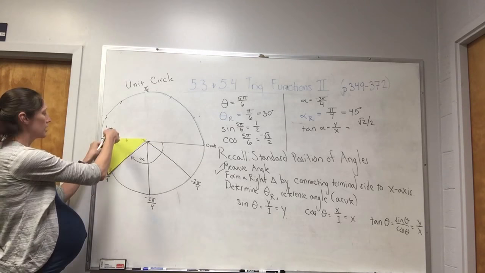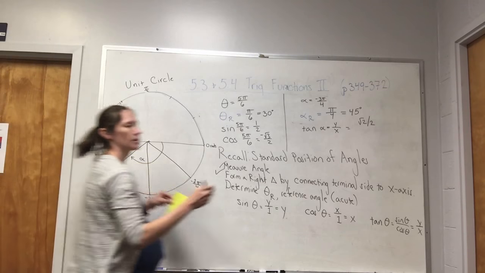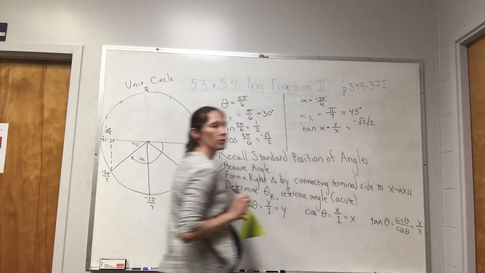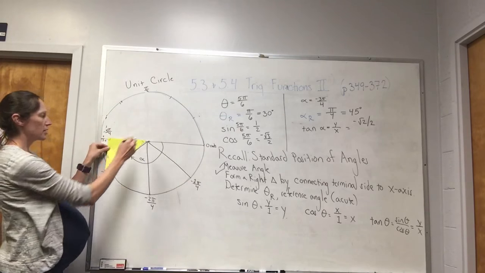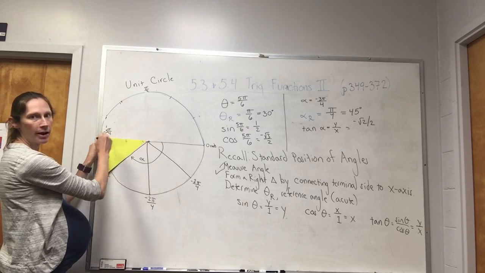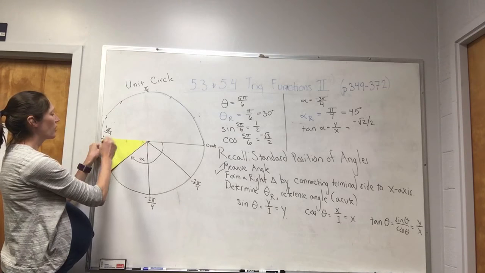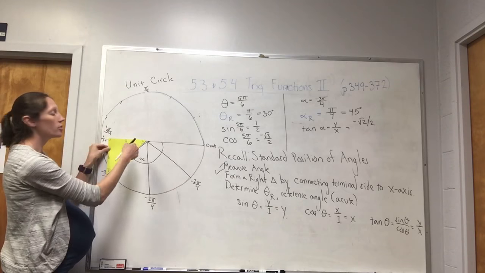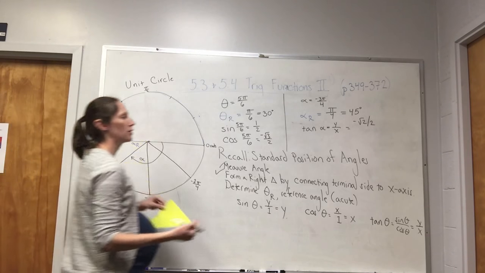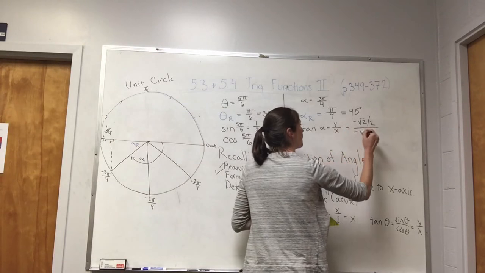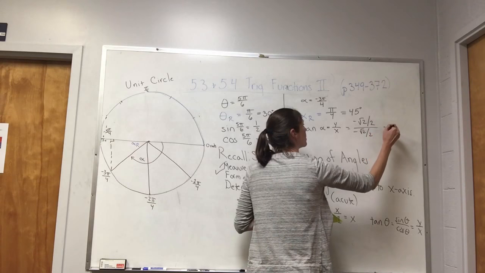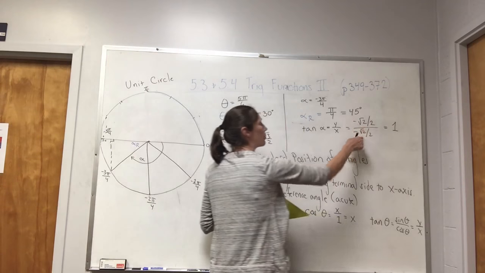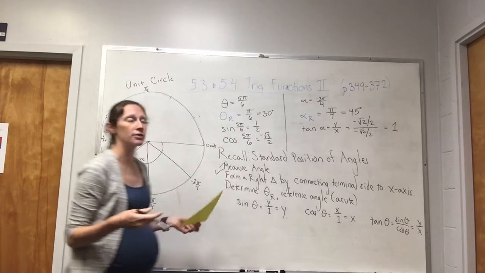Now, notice, it's below the x-axis. So it's a negative root 2 over 2. The x value, that's how much you move left or right. So my x value is also root 2 over 2. And it's also negative because it's moved to the left of the origin. Any number divided by itself is 1, and a negative over a negative is a positive.